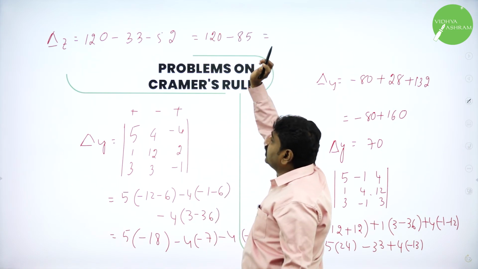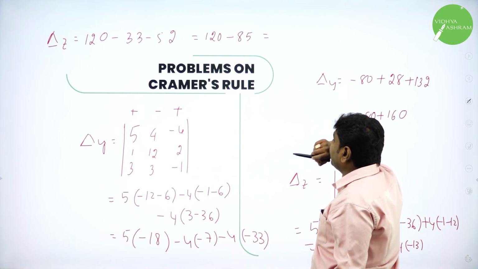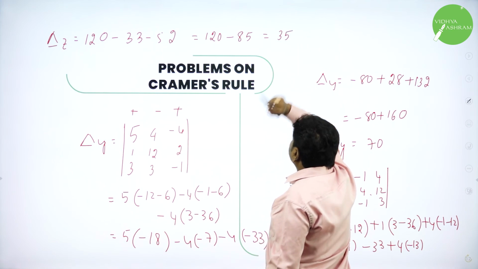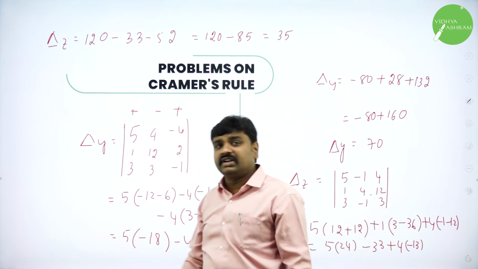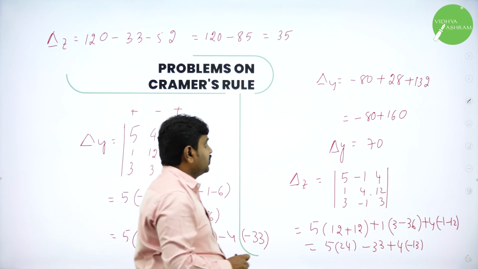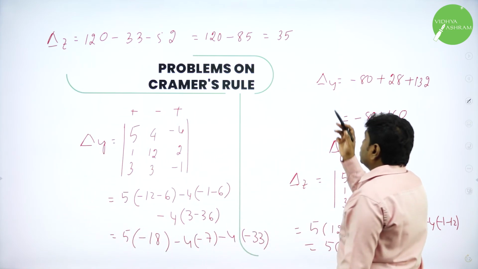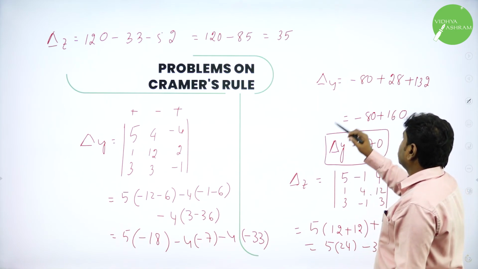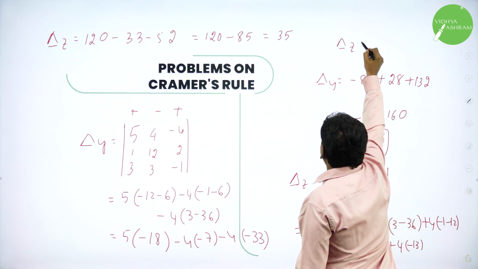From 120 remove minus 85, that will give you 35. So you got delta x, delta y, delta z. We'll write all the values. Delta x is 70, delta y is 70, delta z is 35.